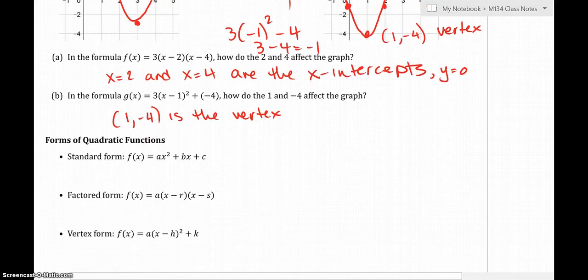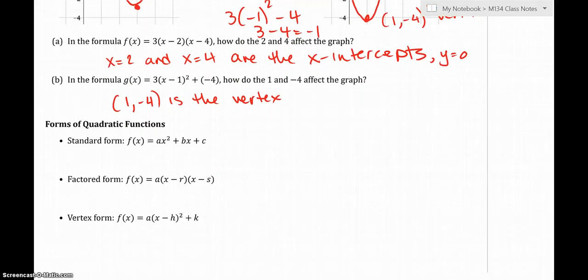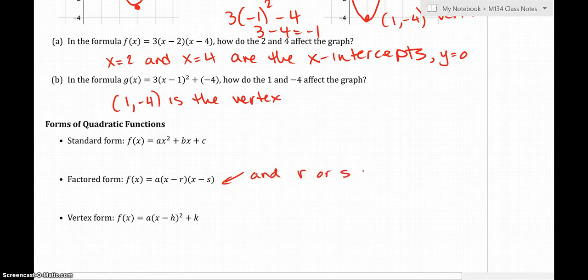Which brings us to the following formulas. This is called standard form. This is called factor form. And I'm going to add here what we learned. R or S are the x-intercepts.